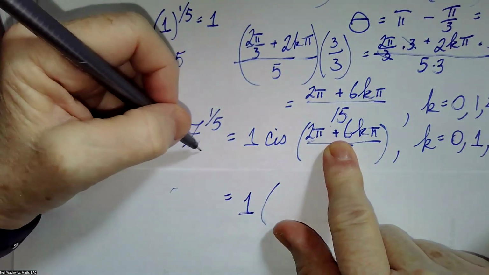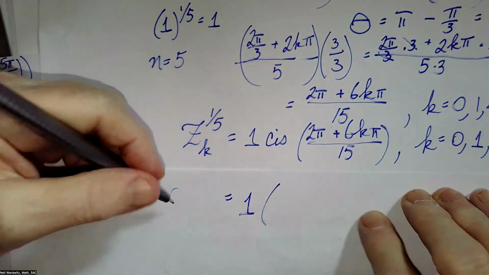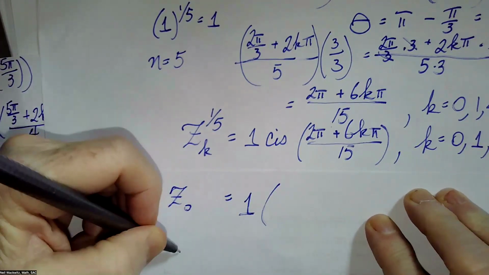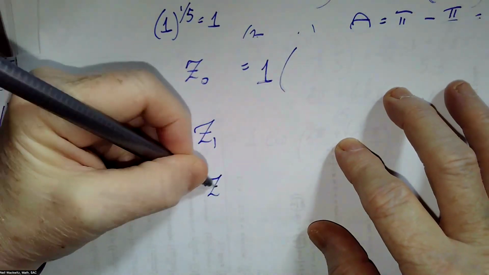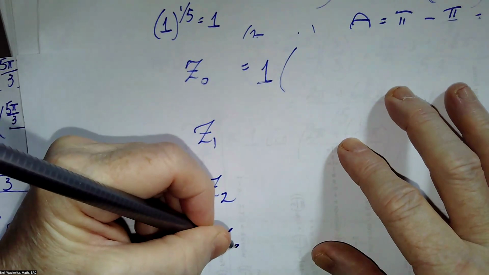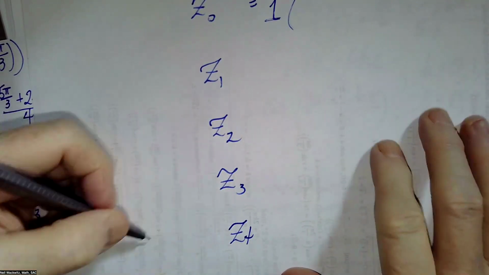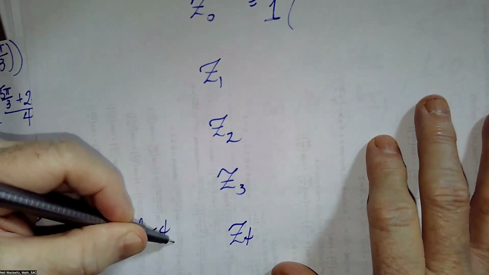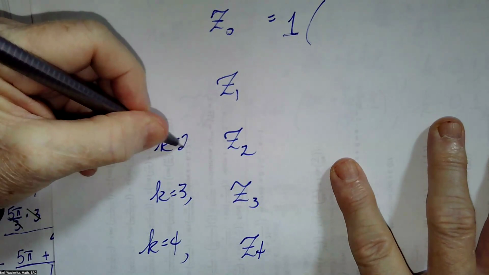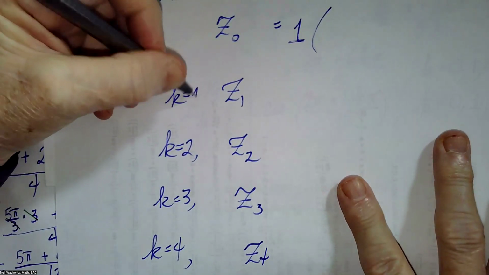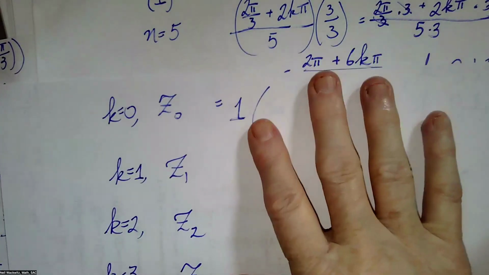Let's let z to the 1/5 sub k be the general, so that we've got z naught, z1, z2, z3, and z4. And let's fill in.